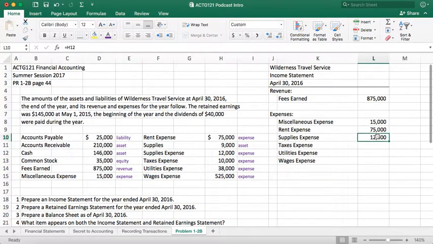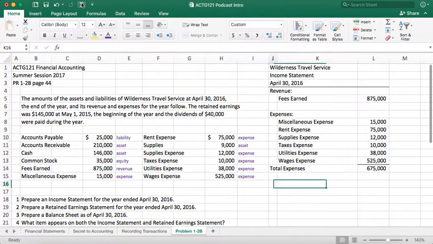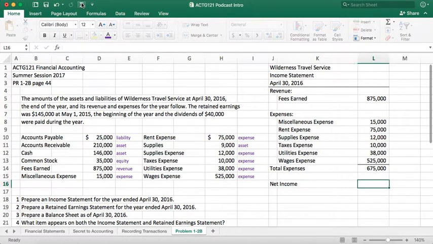So now we've listed all our expenses. Because there's more than one, we're going to total them. It's really easy to do in Excel, but you should always practice doing this by hand. Revenue less expenses is going to be net income.